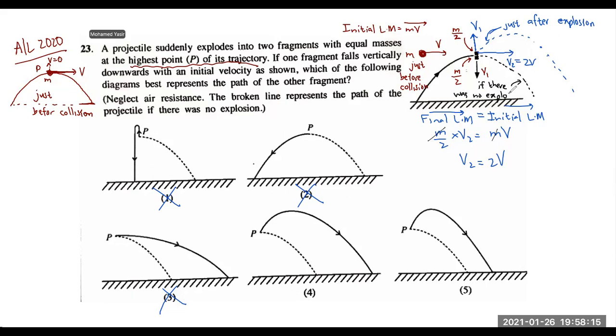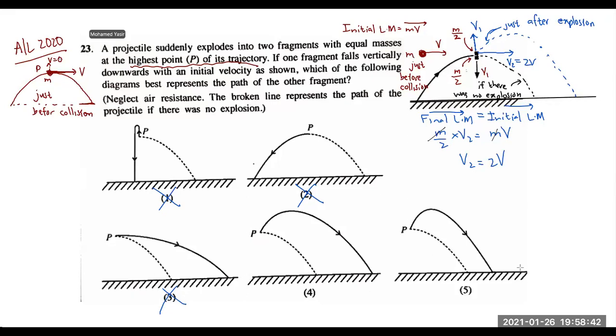But after the explosion, one particle has gained double the velocity, because just before the collision it had velocity v. Now suddenly the velocity has doubled. Therefore, the distance traveled by the particle horizontally should also be doubled. Hope you can agree with me on that. After the collision, velocity has doubled, therefore horizontal distance covered by the particle should also be double.